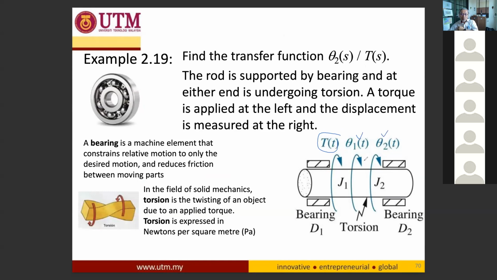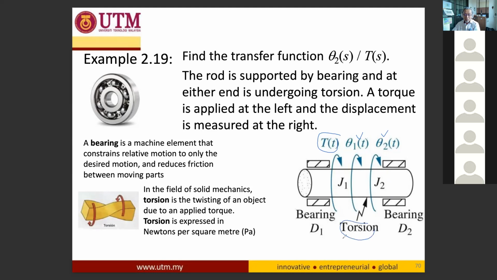Okay, theta 1 is the angular displacement of inertia J1, and theta 2 is the angular displacement of mass J2. And of course, you have a torsion.